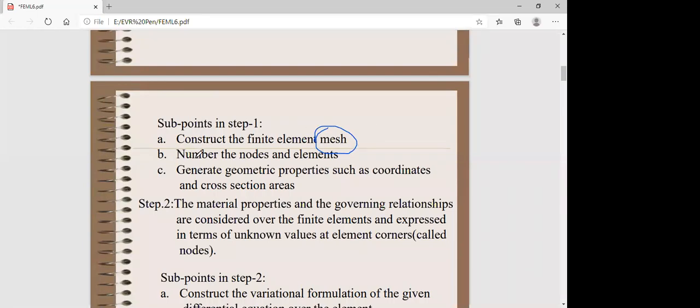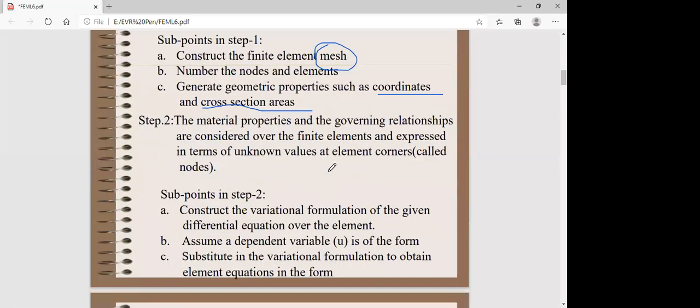And we have to give the node numbers and element numbers. In the subpoint, generate geometric properties. What are the geometric properties? The coordinates of the nodes, at what point each is located, and the cross-sectional areas of the system.